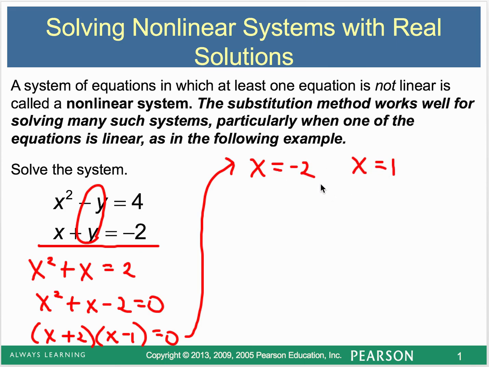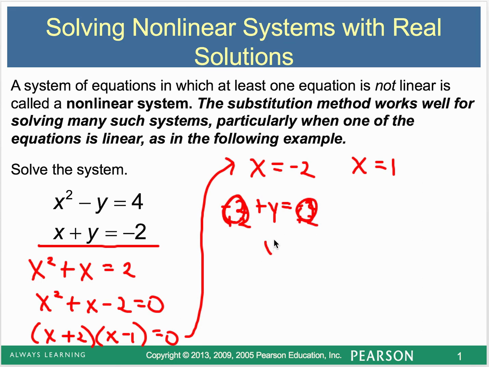And now I just have to go back and find my y value. I can plug into either of these equations, and the easiest one to plug into would be right here. So if x is negative 2, I'm going to plug it in right here. So negative 2 plus y equals negative 2. Add 2 to both sides.